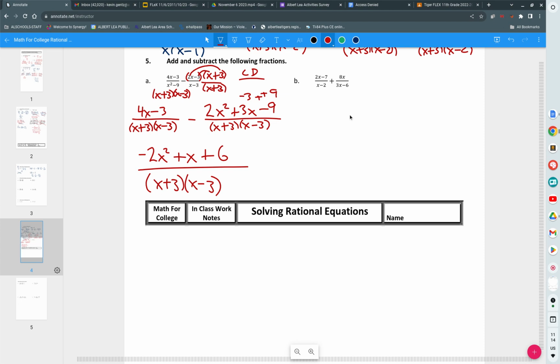So based off that problem we just did, for our final problem, notice as you look in the denominator, you can always check to see if something factors. Does x minus 2 factor? No. Does 3x minus 6? If you take out a 3, you're left with x minus 2. So notice that that is going to be my common denominator. So we just multiply the top and bottom here by 3.